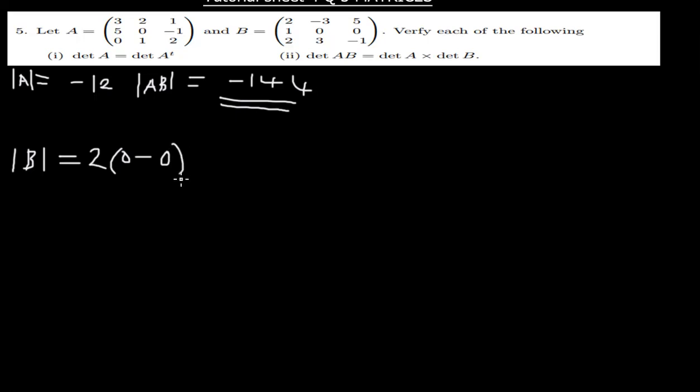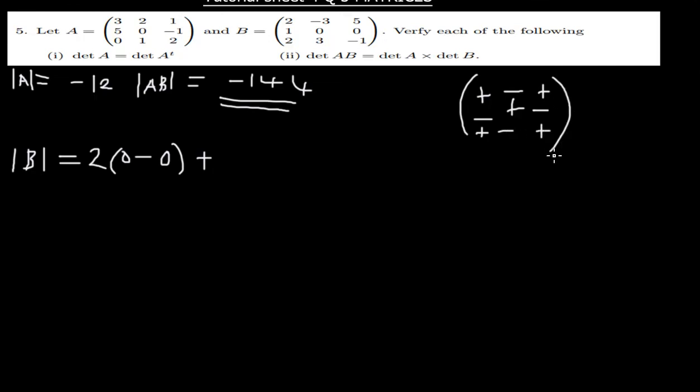And then we move on to negative 3. There's always a minus there, so it's going to be plus. We follow this in case you don't know: positive, minus, positive, minus, positive, minus, positive, minus, positive.